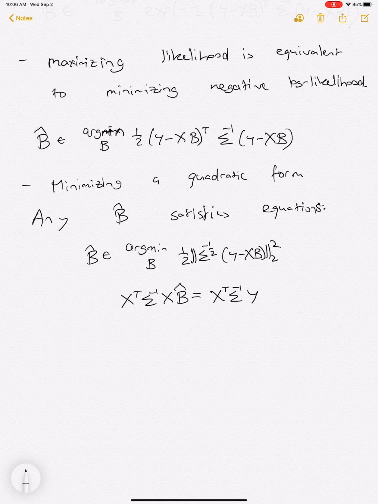This is very similar to the normal equations, but you can see that we get something a little bit different.